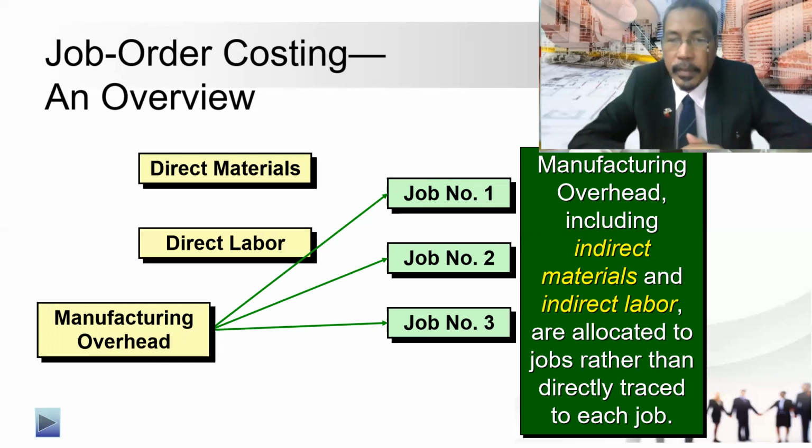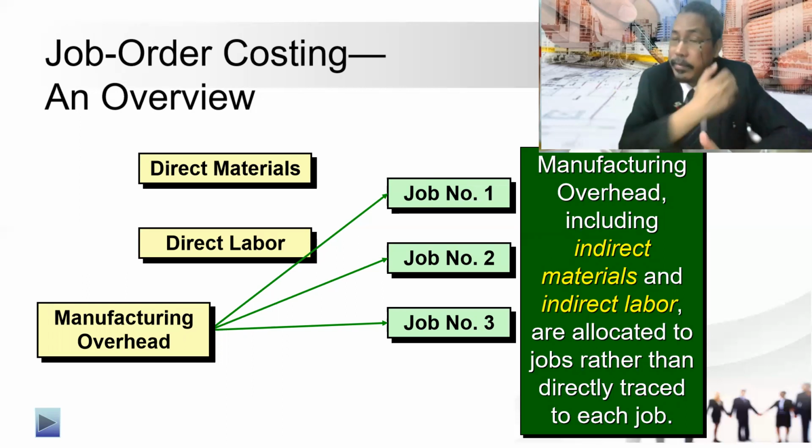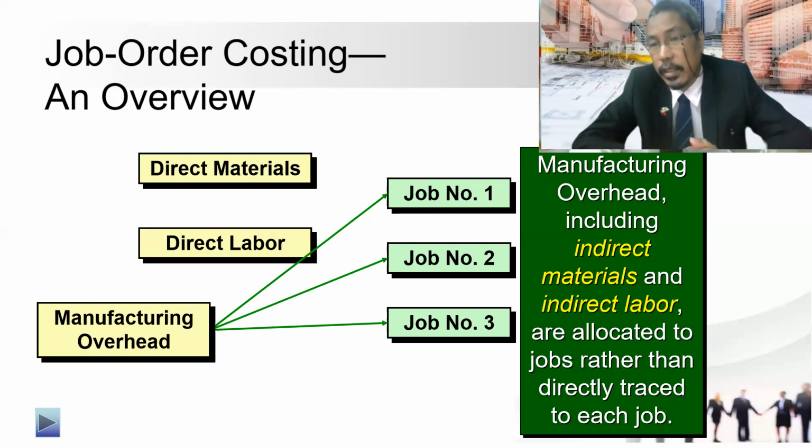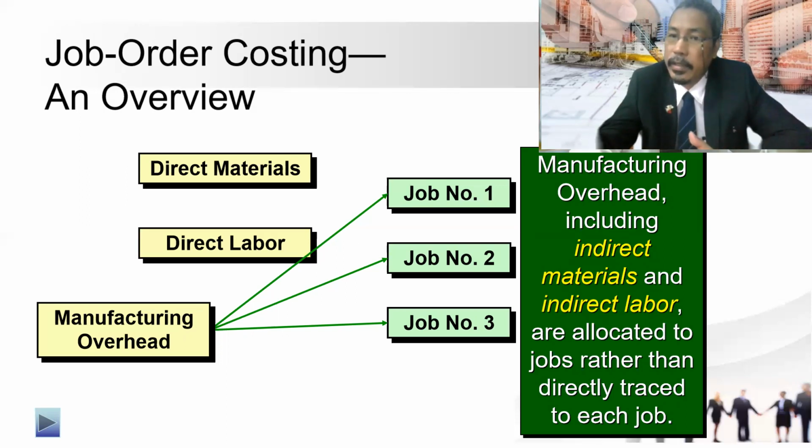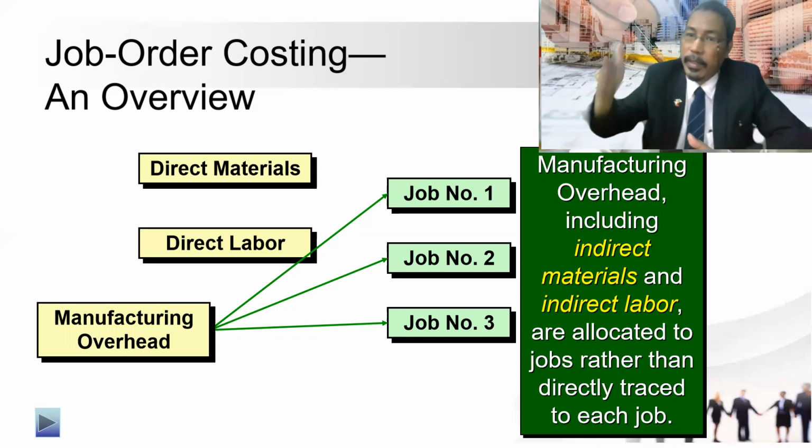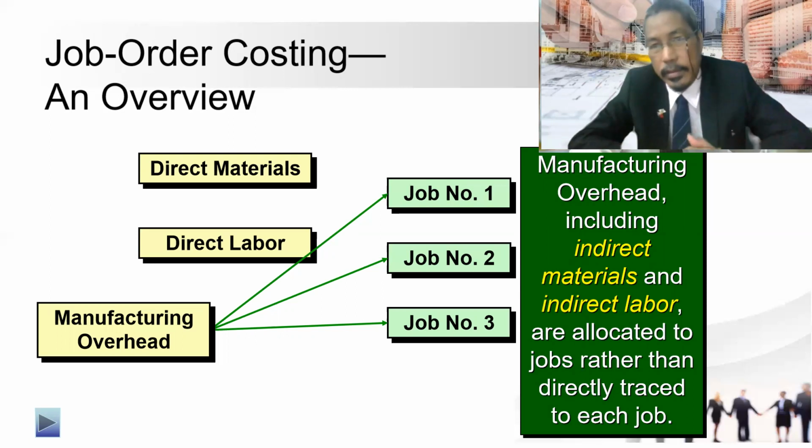So they are having indirect labor for a common job title. So, for example, utility cleaners, they will clean all the areas, those manufacturing shop areas that are common to all of the different production lines.